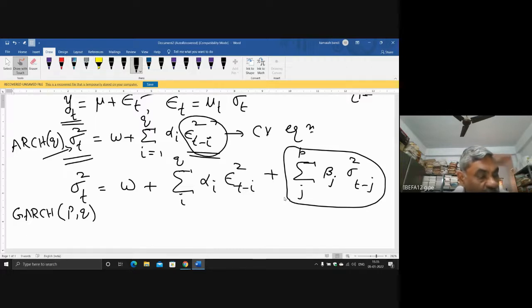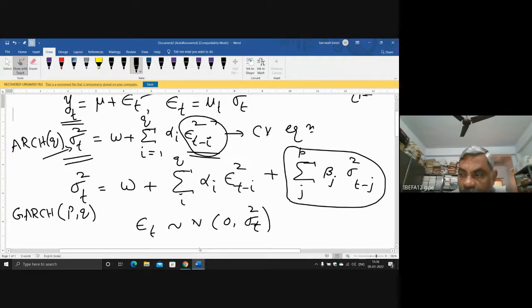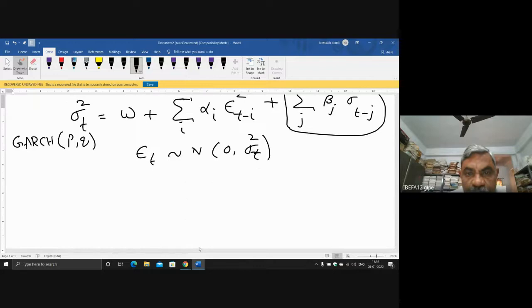clear? As usual, epsilon t is assumed to be normal with variance sigma square t. In this, the same positivity constraints apply. So we discuss a very simple case, the GARCH(1,1) model.